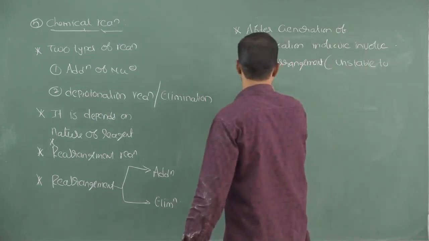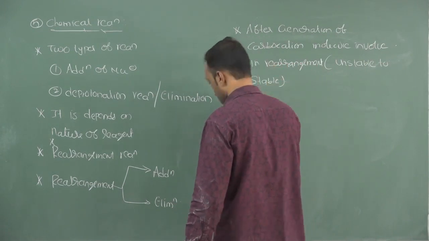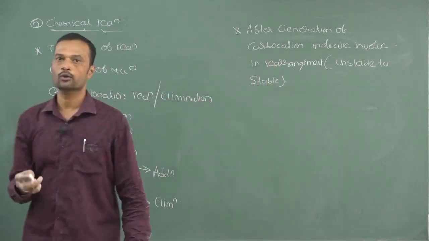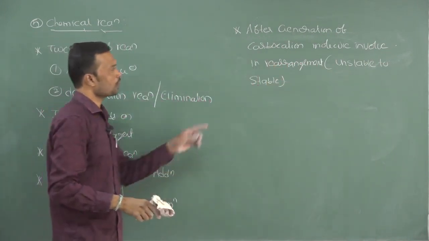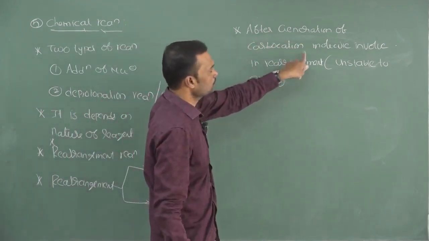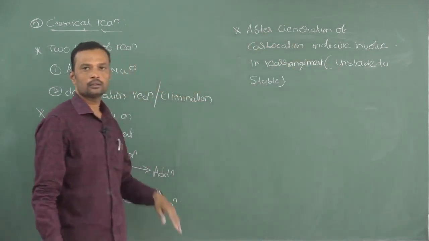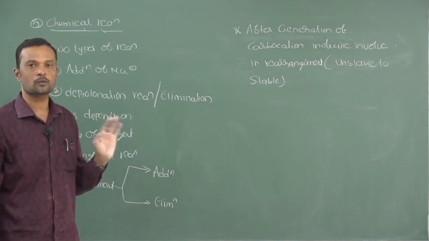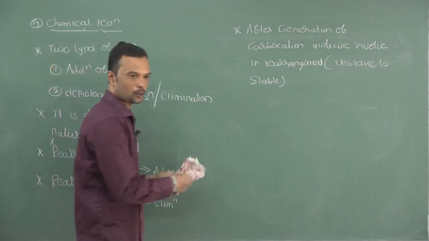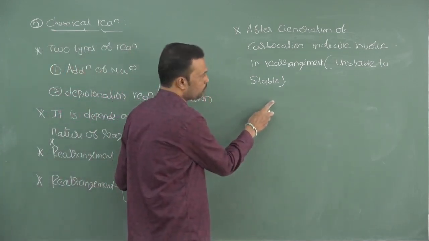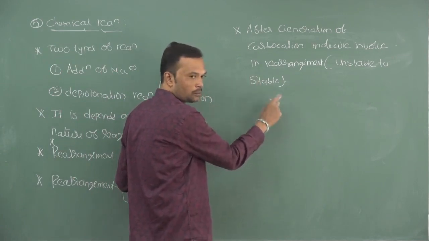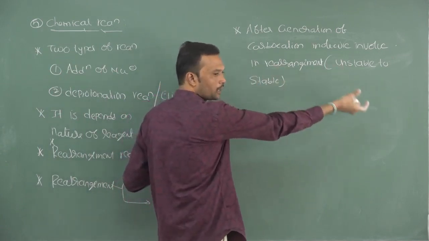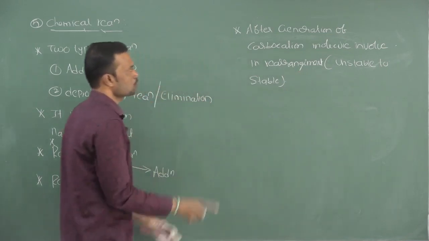Unstable to stable carbocation. Don't try to go from stable to unstable. Suppose you are already getting a stable carbocation, then don't go for rearrangement. Why? Because it will give an unstable carbocation. Rearrangement is possible only when an unstable carbocation becomes stable during migration of any atom or group. So only that case is possible.